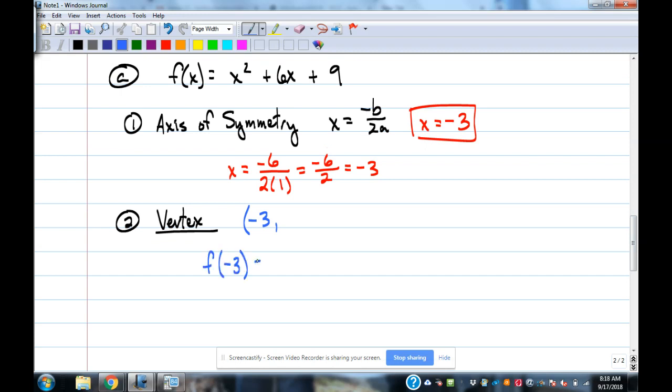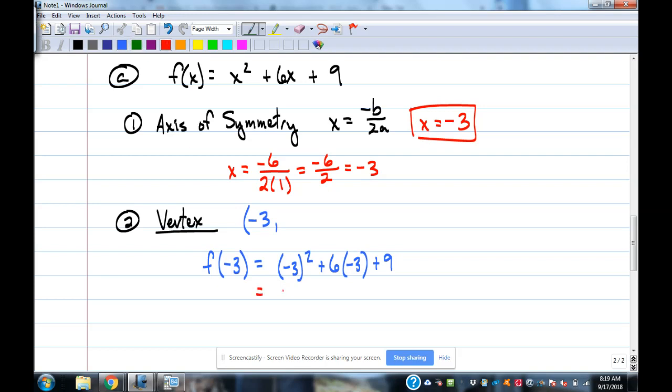You plug that number in for x. Work it out.